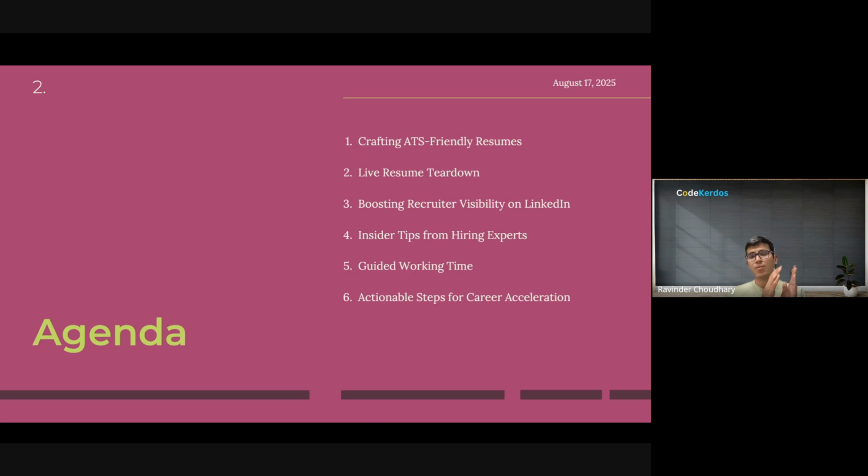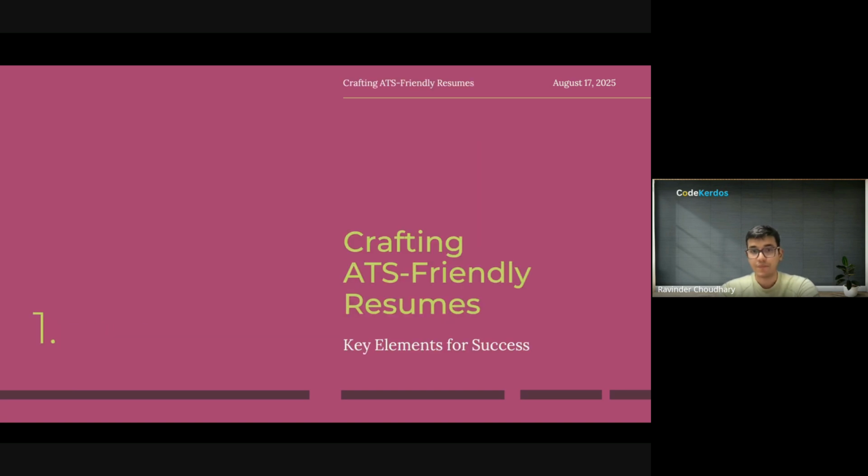Then we are going to talk about the end-to-end pipeline on how exactly the hiring process looks like and where can we work to increase our chances of getting interviewed. Then we are going to work on an activity of guided working where you are going to work on the action items that we have discussed. And in the end, I'll be giving you a step-by-step guide for the career acceleration. All right. So let's begin.